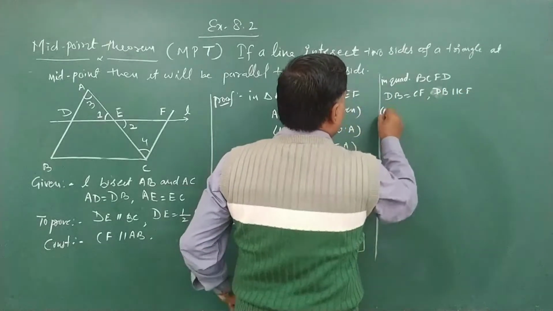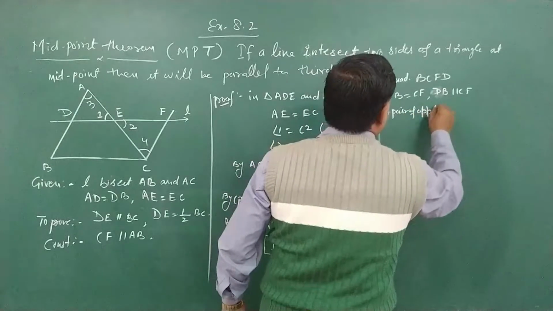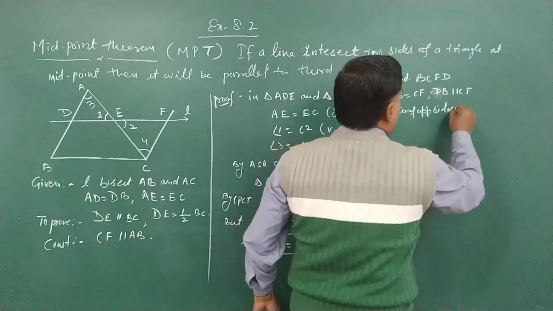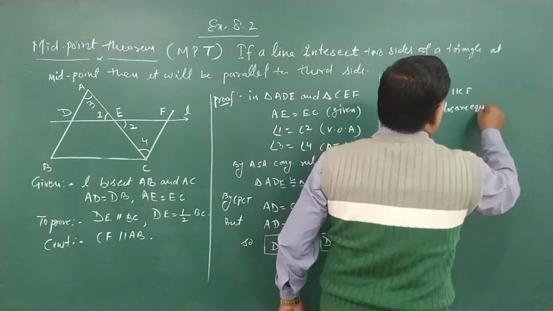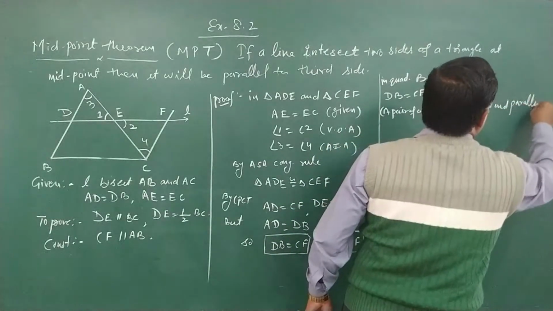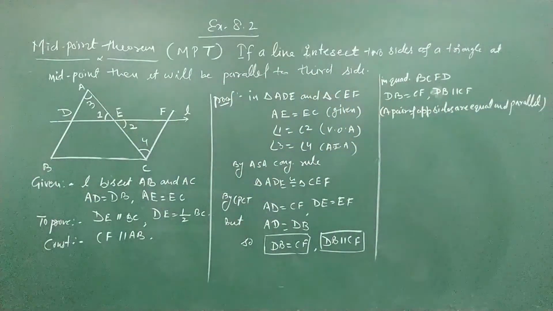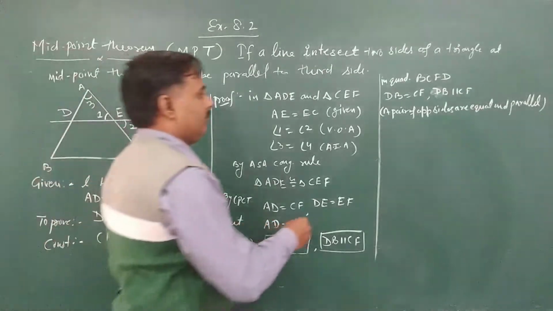A pair of opposite sides are equal and parallel. So we can say BCFD is a parallelogram.